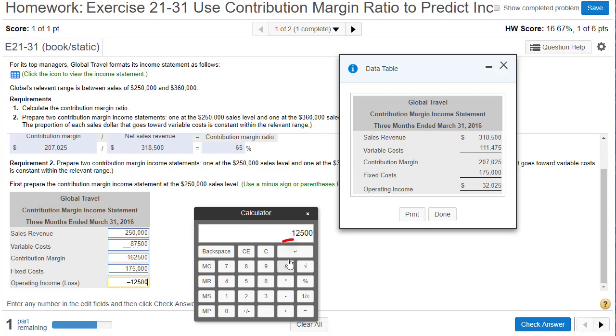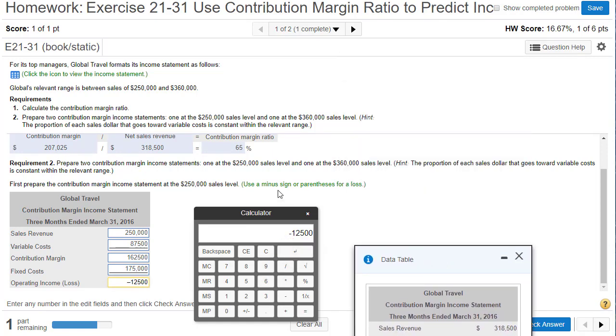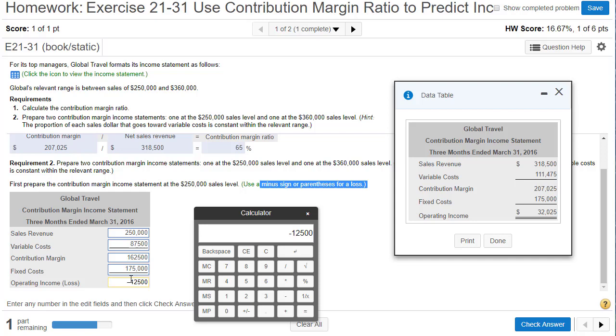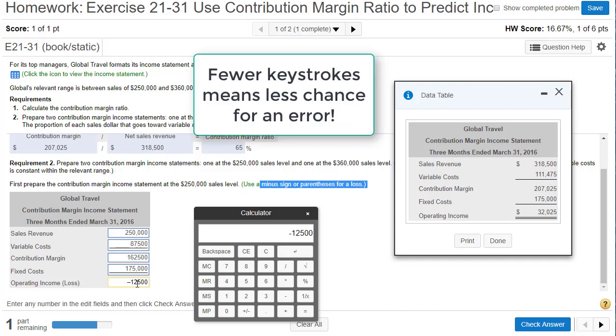Notice it tells us to use a minus sign or parentheses for a loss. I use a minus sign because it's only one keystroke. Parentheses take 4 keystrokes, shift plus the open bracket and shift plus the closing bracket, so that's more chance for error.